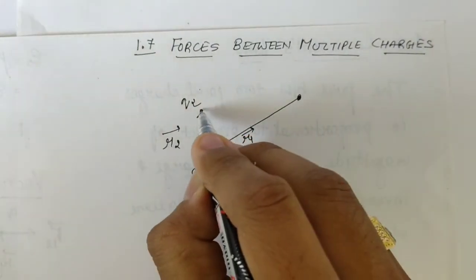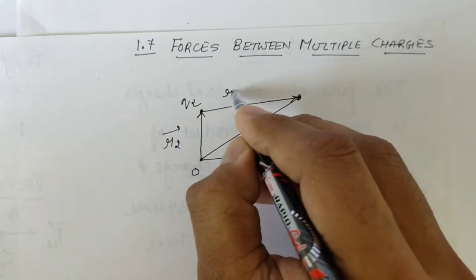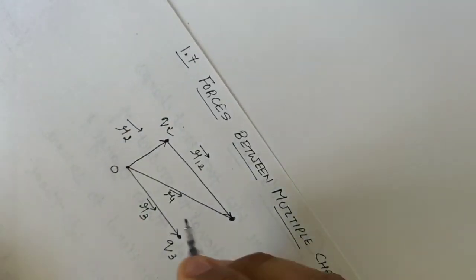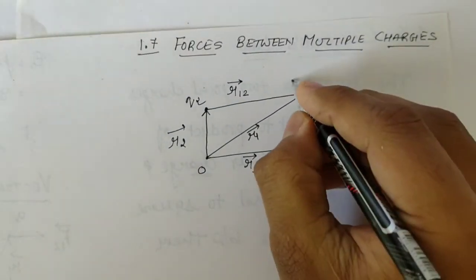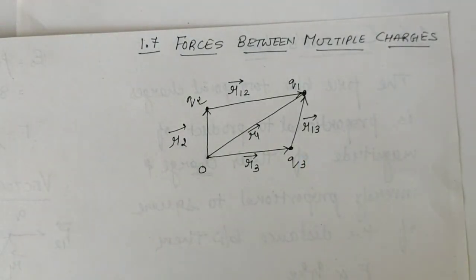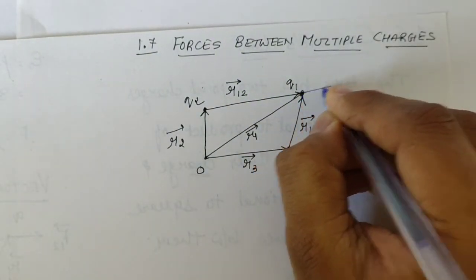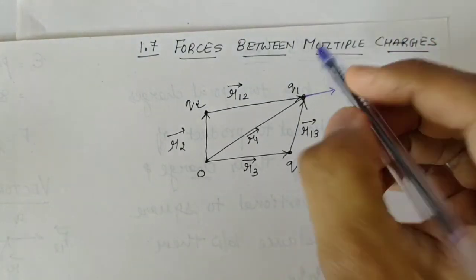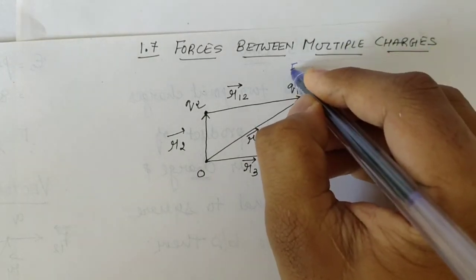Now, suppose the force on Q1 by Q2 is this, and similarly the force on Q1 by Q3 is this. Let's see the direction of force: F12 and F13.